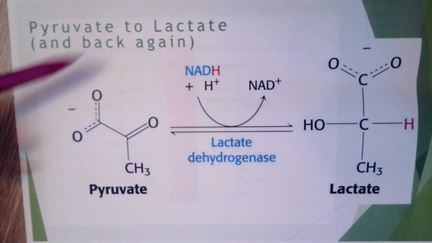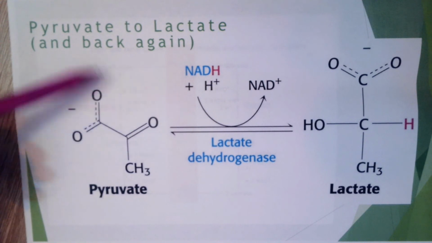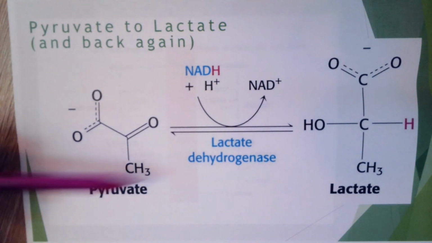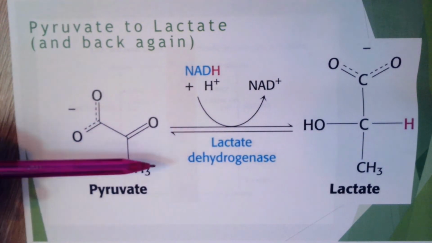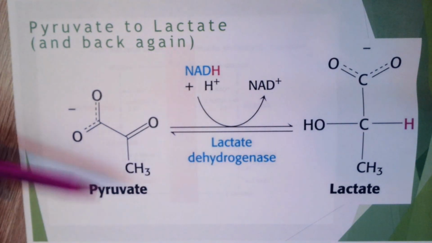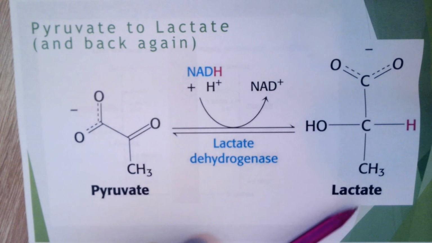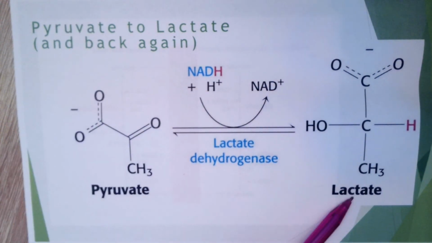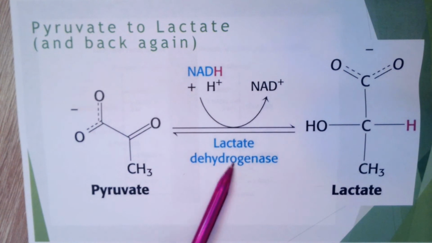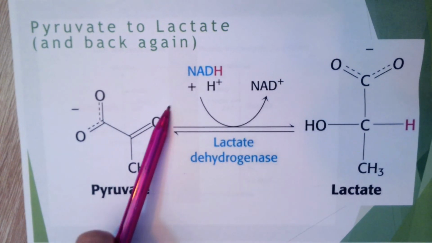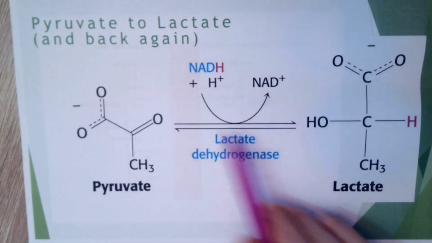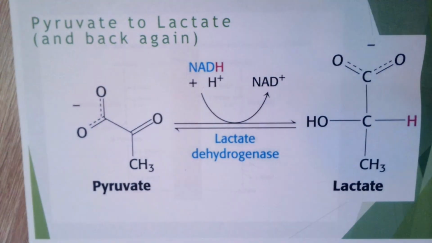So here's the reaction for turning pyruvate into lactate. Not super complicated. You just have this dehydrogenase enzyme and you use it on pyruvate and you get lactate. And it goes reversibly too. So in the Cori cycle, you'll take lactate, use the same enzyme, lactate dehydrogenase, and make that backwards too. The whole thing is backwards and we end up with pyruvate.